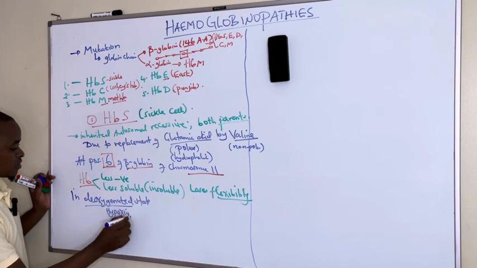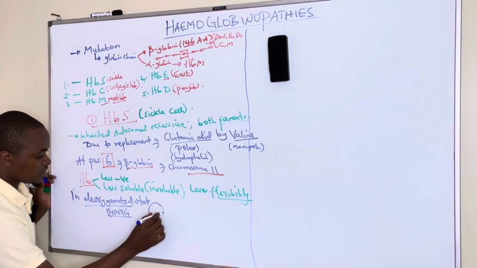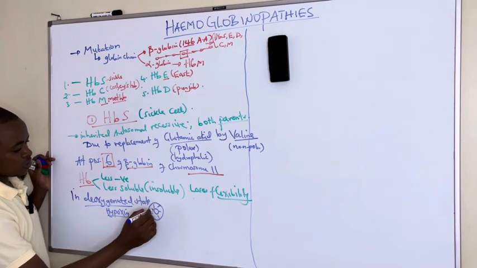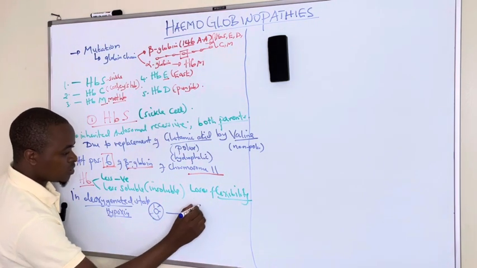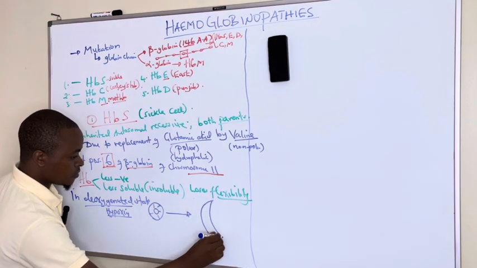Whenever there is lack of oxygen, it causes these red cells, which have a normal shape, to resume a sickled shape, to become sickled.